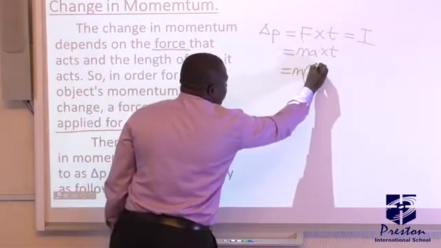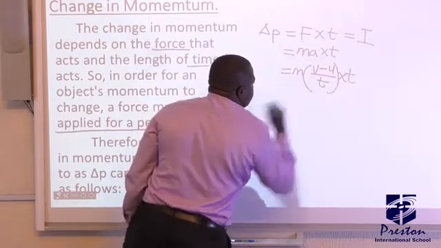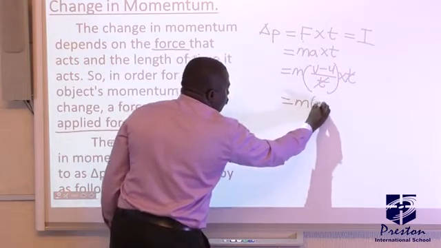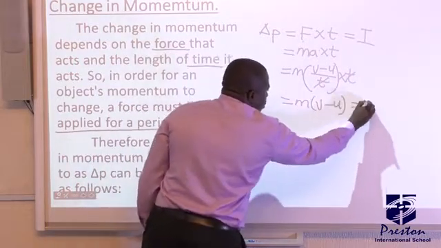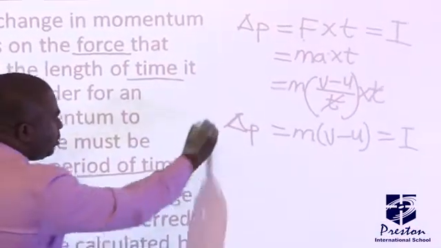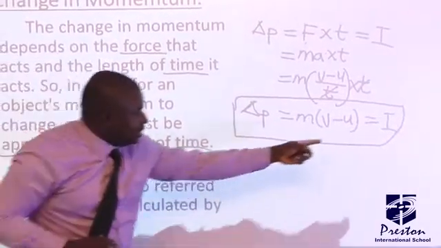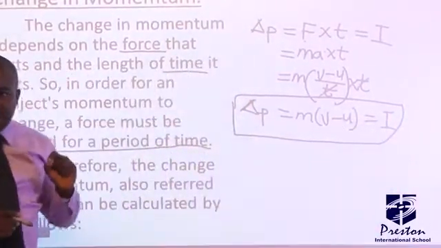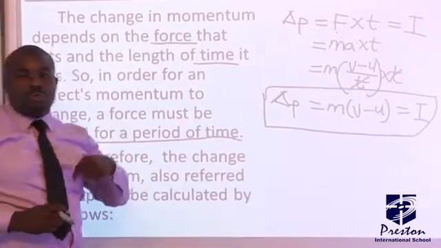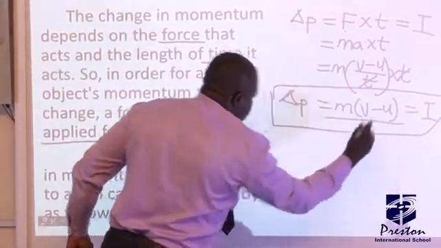So I can say (V minus U) all over T, multiplied by T. So from here, this T, we cancel. So we have m(V minus U), which is equal to I, and equal to what? Change in momentum. So this formula is telling us that change in momentum is the same thing as impulse. And I want you to know that impulse is not the same thing as momentum, but the same thing as change in momentum.